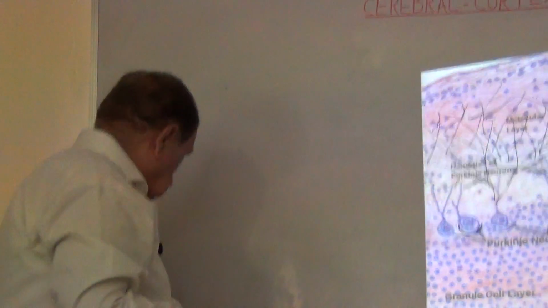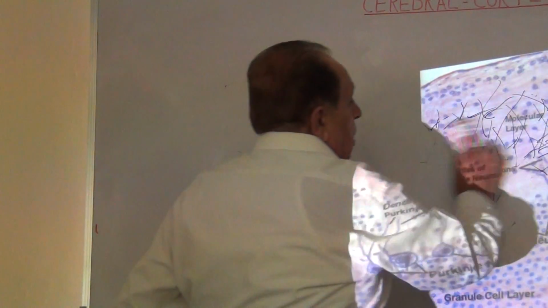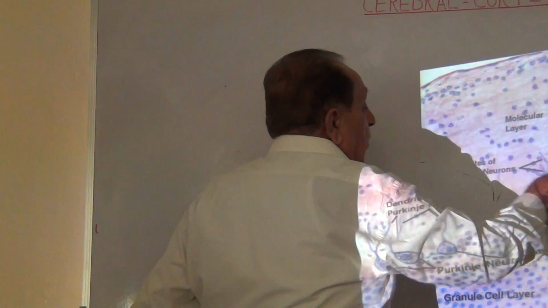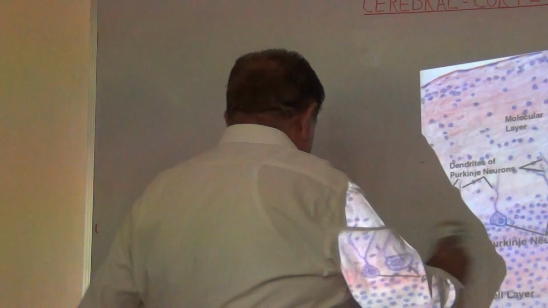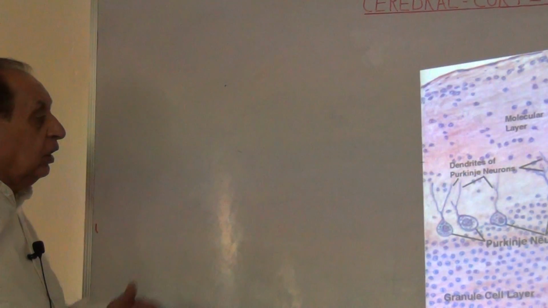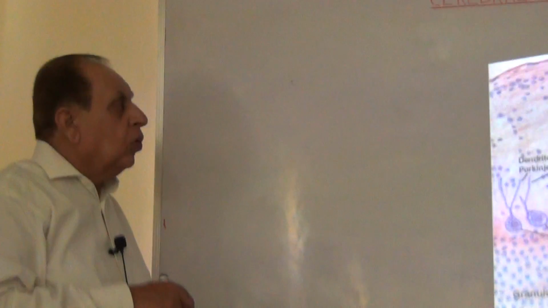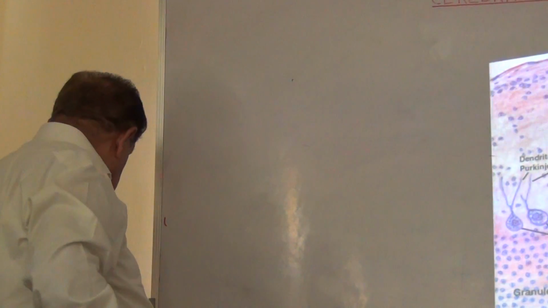Next, this was about the grey matter of the cerebellum. Like the white matter of the cerebrum, the cerebellum also has nuclei.